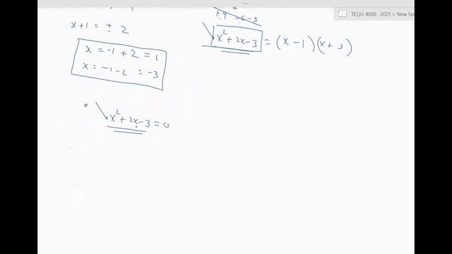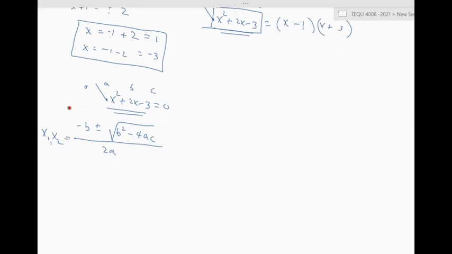If we use the quadratic formula, that will be minus b plus or minus the square root of b squared minus 4ac, where the coefficient in front of the x squared is a, this is b, and the last one is c, right? All that divided by 2a, and that will be the two results that we are looking for, x1 and x2, the two roots.